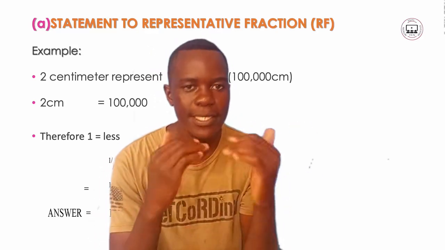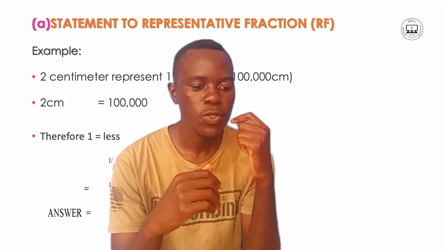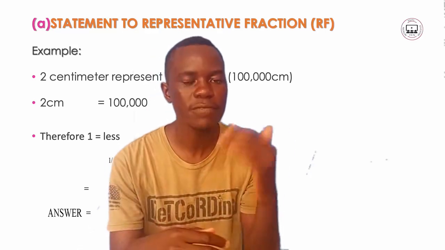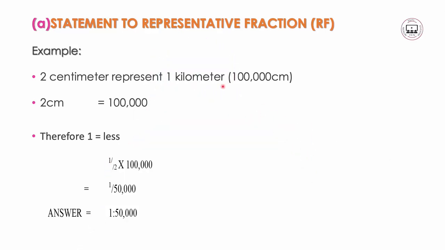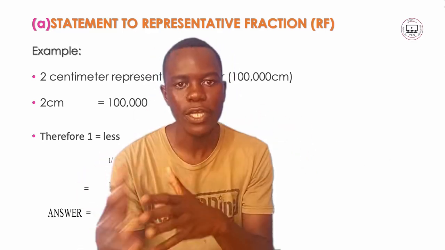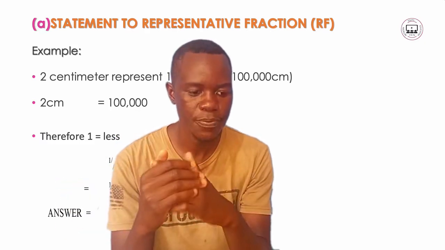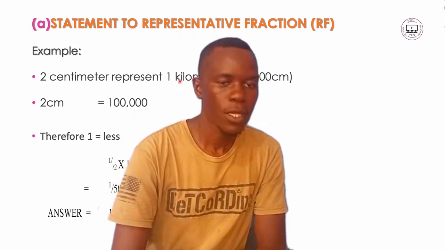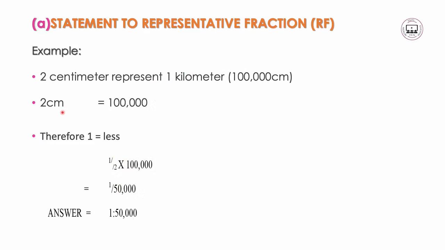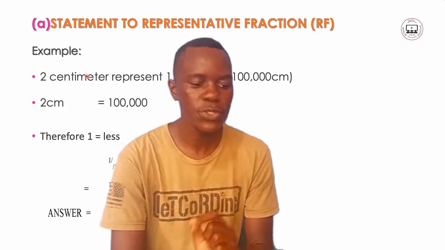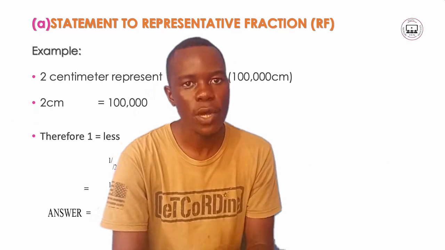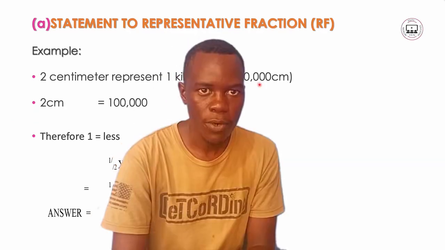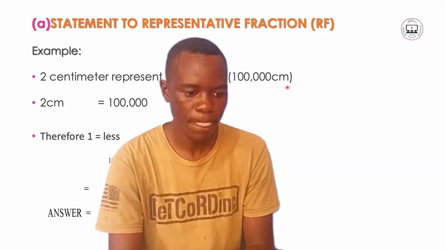So our task here is now to convert or to change this statement scale to a representative fraction. So how can we do this? If you look very clearly, there is this statement to say 2 centimeters represent 1 kilometer, which is 100,000 centimeters.